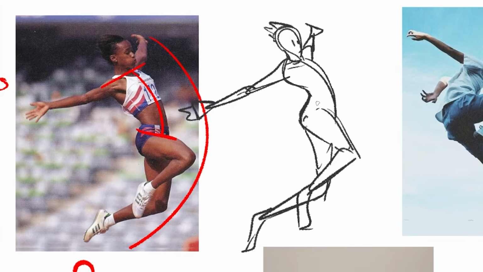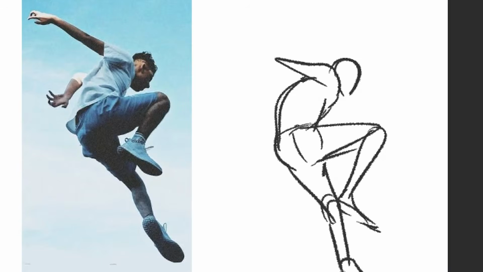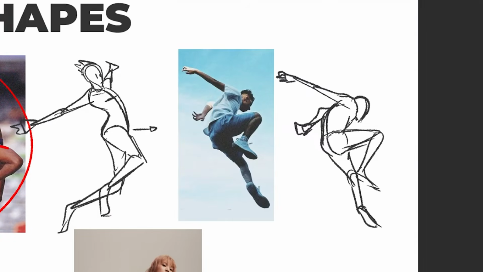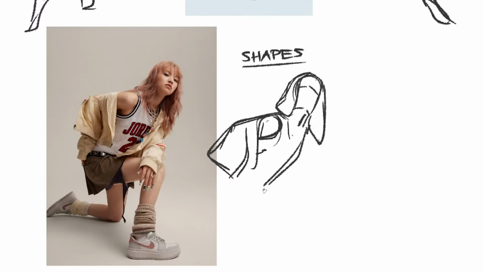I also create some sort of center line for this to clearly define the planes and rotation of the body and the head. With this method, it is very easy to create dynamic poses due to the freedom you get through scribbling. You can even draw your lines lightly for the first pass and then go over it and define it as soon as you are happy with the shapes you are making.